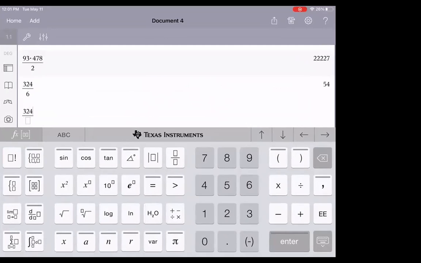I have 324 minus 324 times 1/6 to the 6th power. So those calculator skills are coming in handy here. So I have 1 minus 1/6.